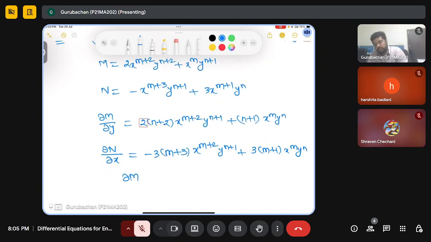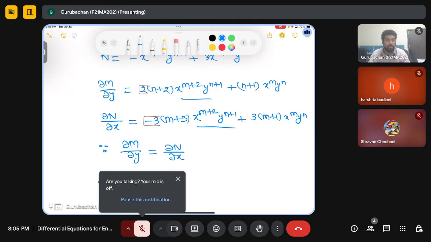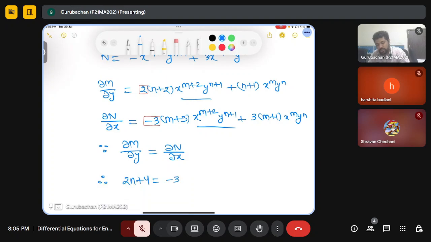Since we are assuming this to be an integrating factor, this should be equal. If you compare this factor and this factor, they have the same variables and powers. So this will give you 2n plus 4 is equal to minus 3n minus 9, and the other side will give n plus 1 is equal to 3n plus 2.